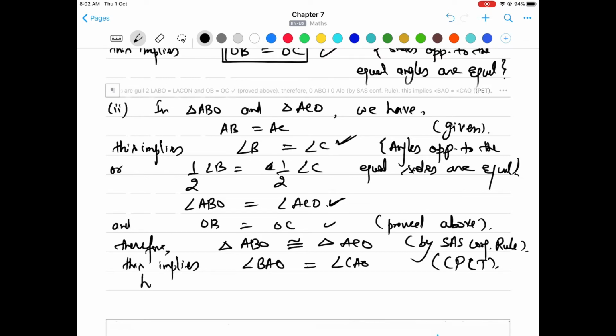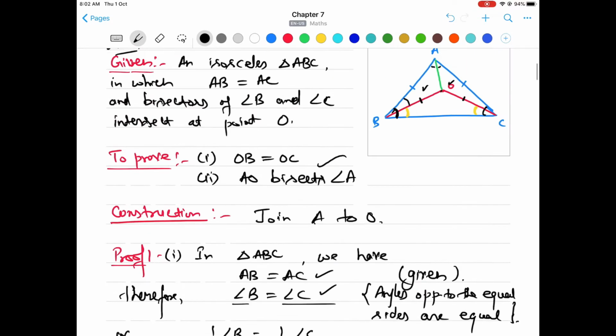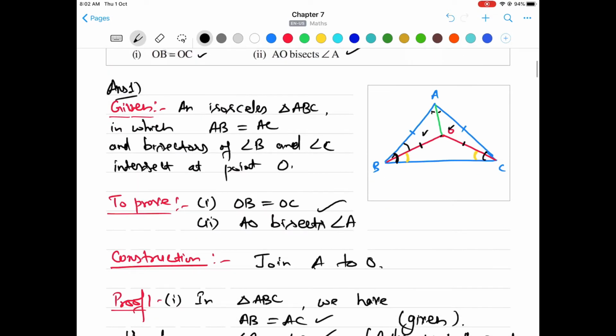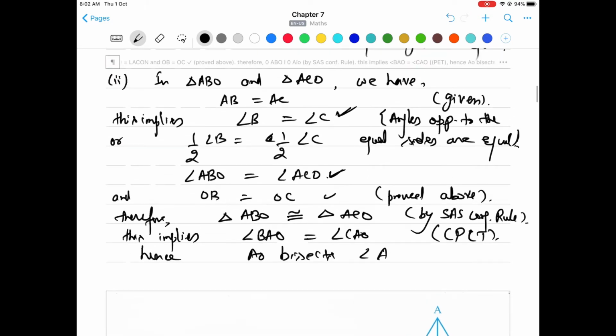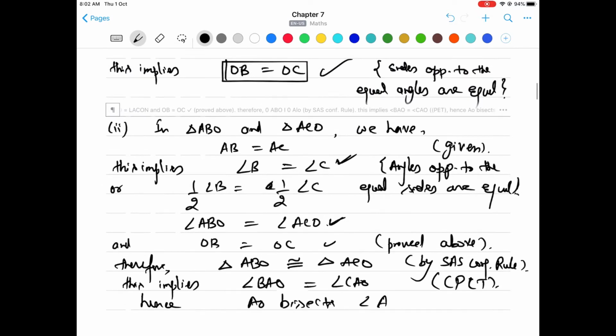Okay, hence AO bisects angle A. Since these two angles are equal, BAO is this one and CAO is this one. So if these two angles are equal, that means this AO is bisecting angle A. Okay, so that's the proof of the second part of question number 1.